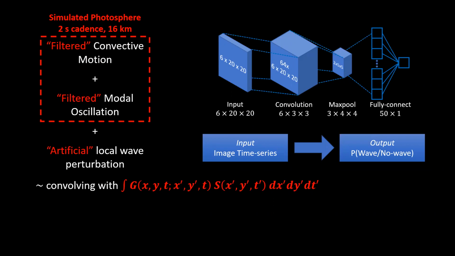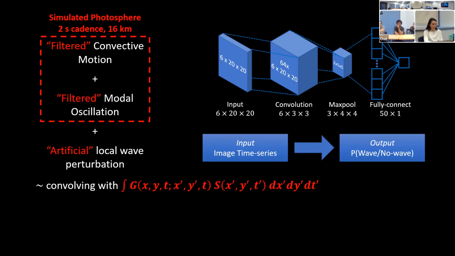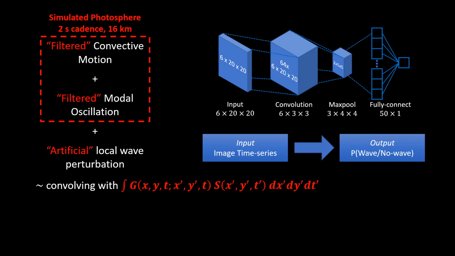The idea is that neural networks are really good at finding patterns, right? A convolutional neural network is able to efficiently filter out the contribution from the P modes. Our neural network could do it with reliably high efficiency, around 85 to 90%.